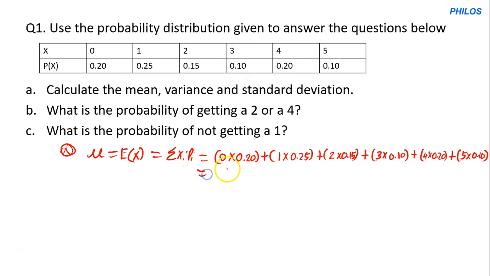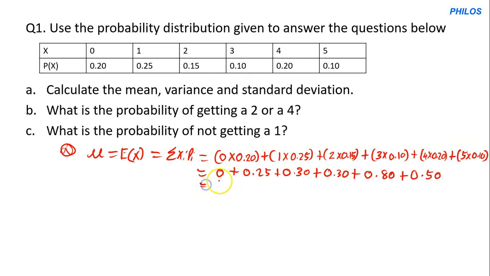So 0 times 0.20 gives us 0, plus 1 times 0.25 gives us 0.25, plus 2 times 0.15 gives us 0.30, plus 3 times 0.1 gives us 0.30 also, then plus 4 times 0.20 gives us 0.80, plus 5 times 0.10 gives us 0.50.